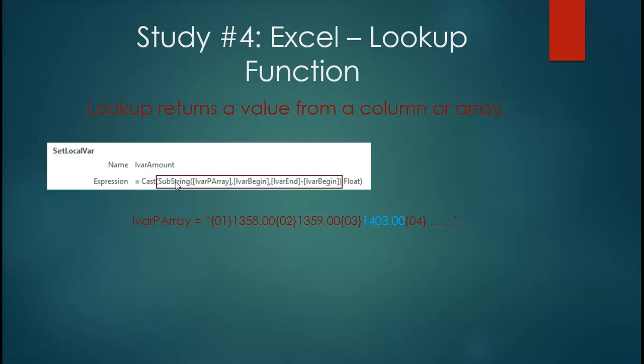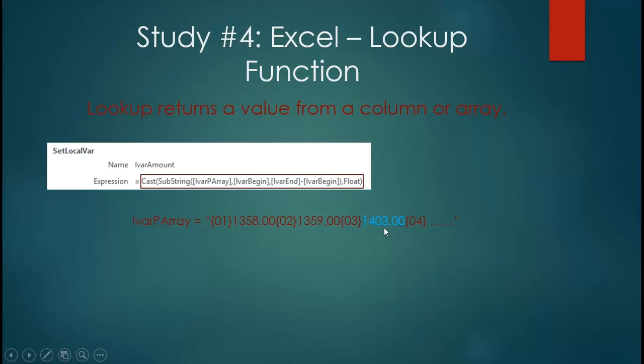Substring just picks out a part of a string. Pretty self-explanatory. First of all, we're going to tell it what we're picking it out of. We're picking it out of the LVAR-P array, which is that big long one that we started with at the beginning. Where does it begin? We're using a little calculation to get exactly where it ends. And then on the outside here, we're casting it into a floating point number.